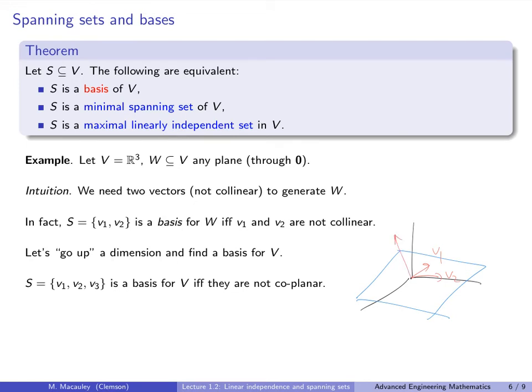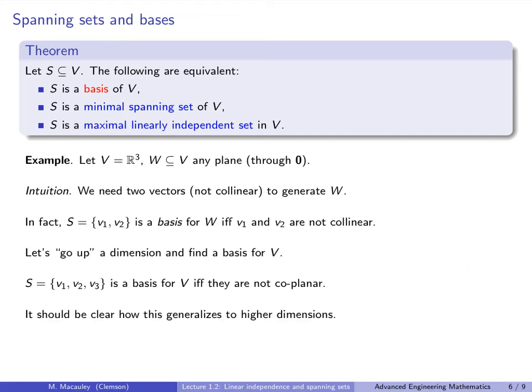But once we get a V3 that does not lie on the plane, then it spans R3, and it's linearly independent, as we discussed earlier, and therefore it is a basis. It should be clear how this generalizes to higher dimensions, both in the case when your vector space is Rn, for n larger than 3, and the cases when W is a subspace of 1 or 2 or even higher dimensions as well.